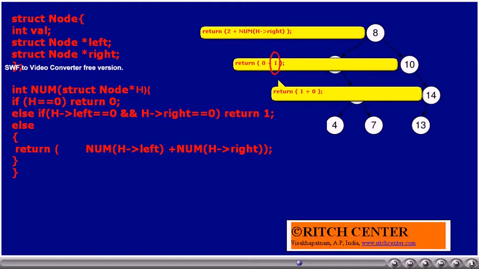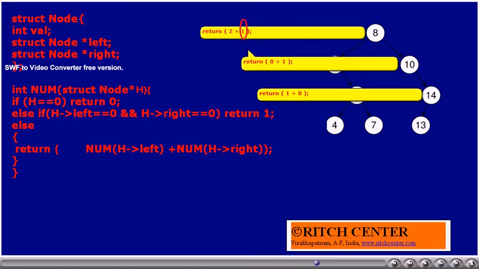So we have now traversed the right subtree of the node 10. We found that there is one leaf node. We have come out from the traversal of the right subtree of the root node. We found that there is only one leaf node.